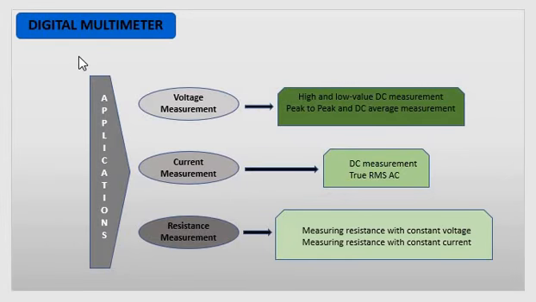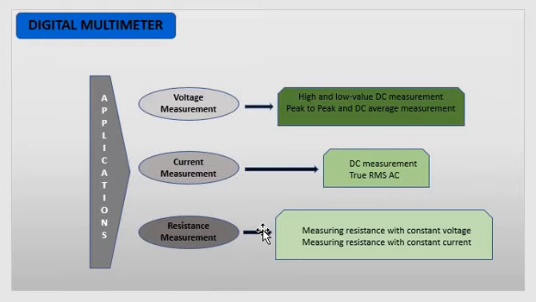Now, what are the applications of the multimeter? As already discussed, the main applications are voltage measurement, current measurement, and resistance measurement. Voltage may be AC or DC voltage, and similarly, current may be AC or DC current.